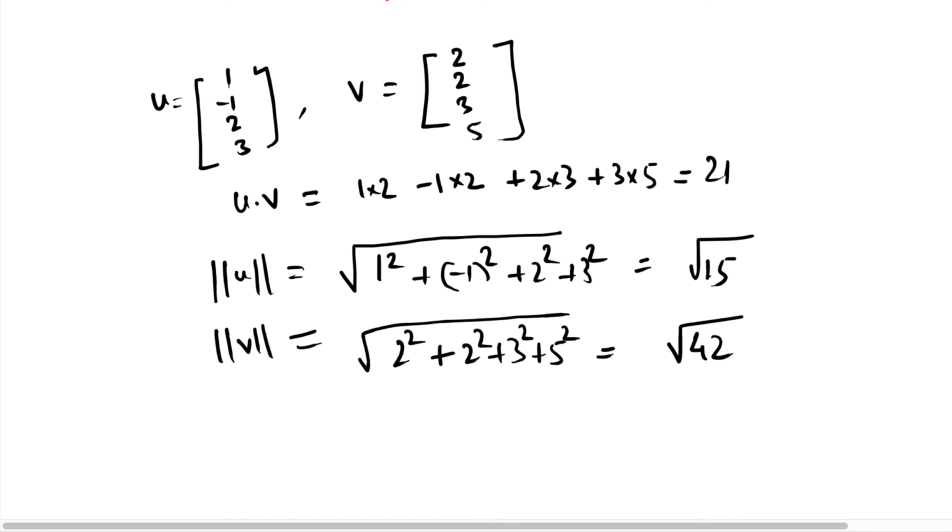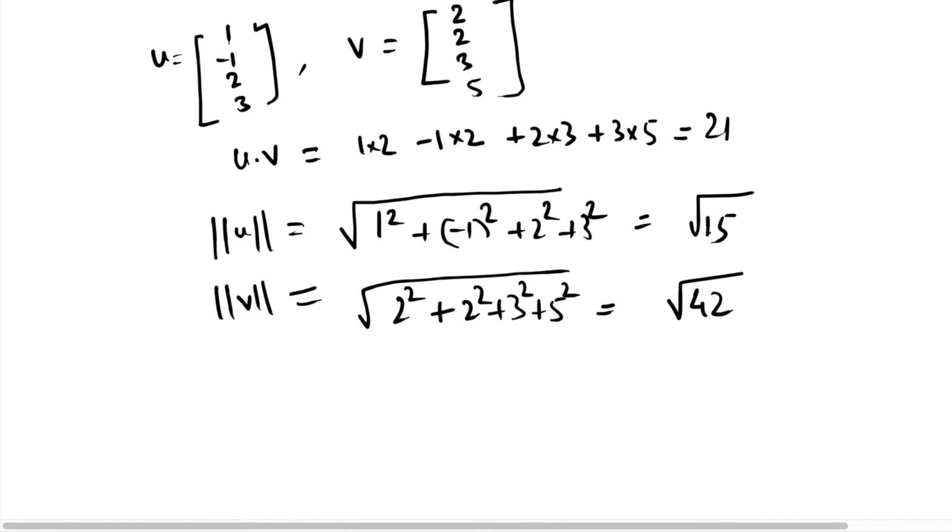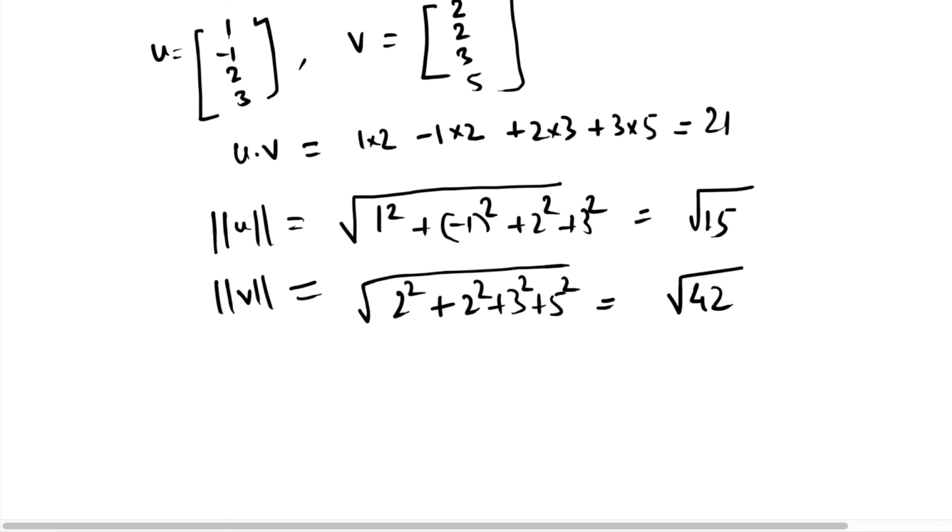All right, so for the angle theta between the two vectors u and v, cos of theta will be u dot v, that is the dot product of u and v, divided by the product of the lengths of u and v.